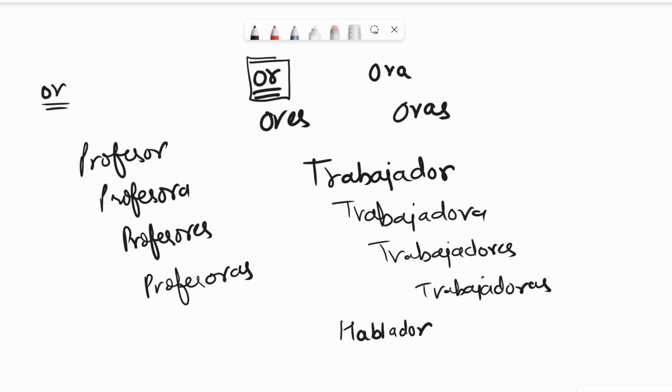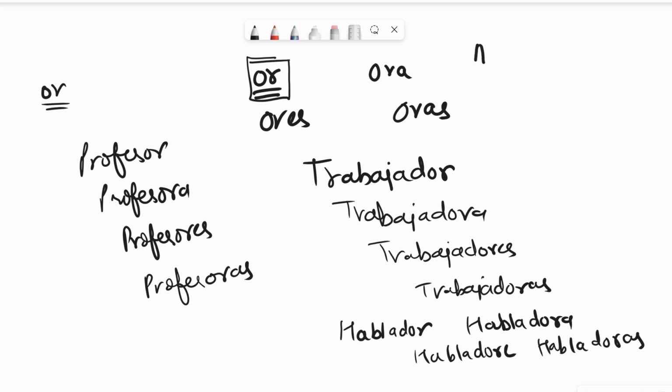Similarly, if an adjective ends in OR, it will always have four forms. Another one is hablador, which is talkative. Hablador, habladora, habladores, habladoras. Now, if I wanted to say a talkative girl, it will be what?